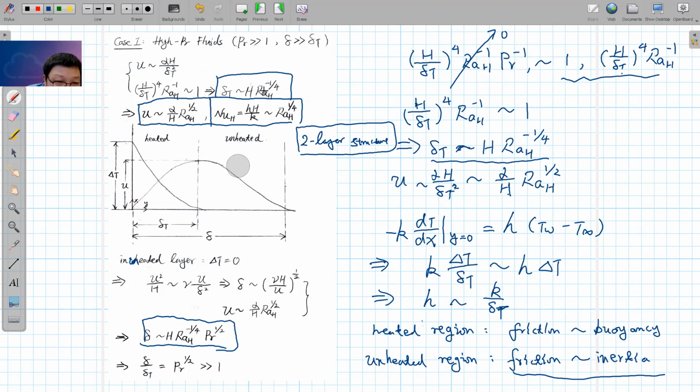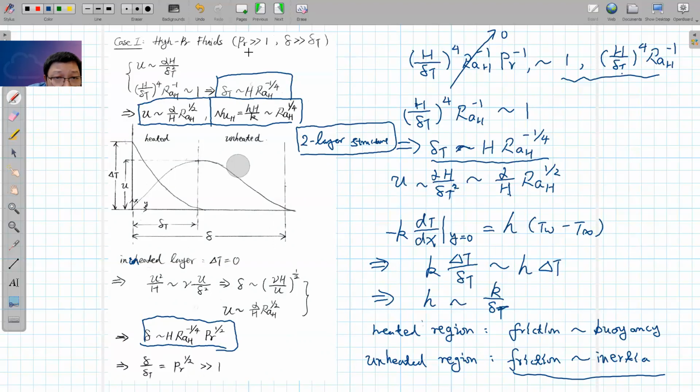The overall Nusselt number for the plate will be of the order of Rayleigh number to the power of 1/4. With these scaling results, if we do an experimental analysis, we can determine the coefficient c for each term. The Nusselt number will be some c times the Rayleigh number to 1/4, so we just need to find this constant. This is why we do the scaling analysis.